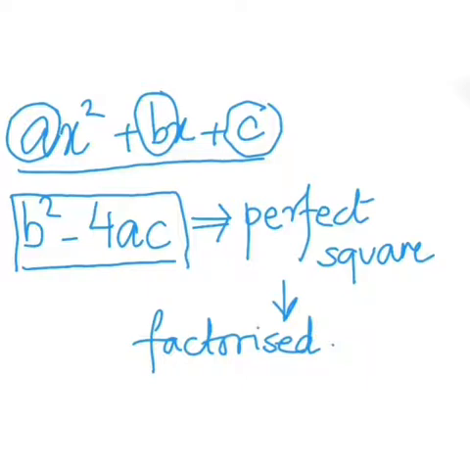So before going into a sum, first check that b square minus 4ac is a perfect square or not. If it is not a perfect square, then that expression cannot be factorized.